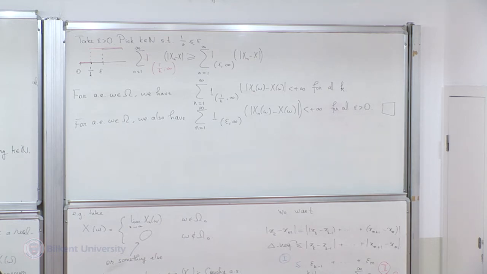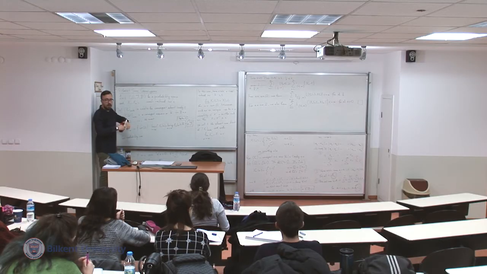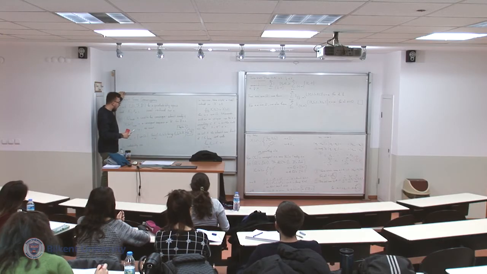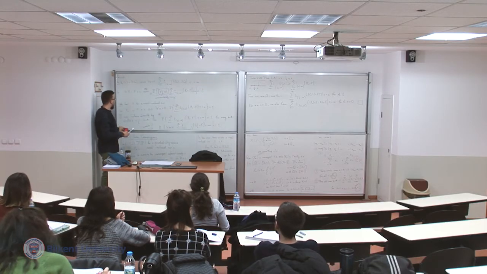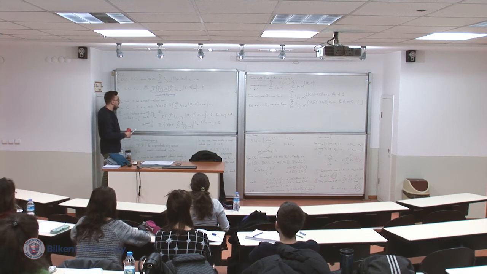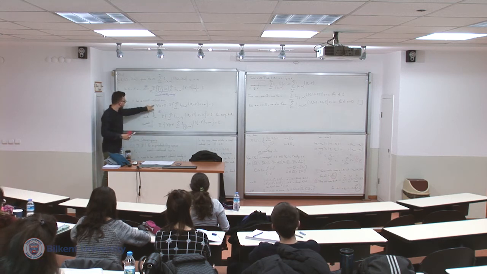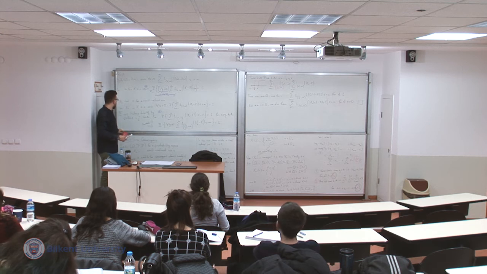So they are always between some two values of 1 over k's. Any questions? So this means we obtain the characterization of almost sure convergence, because it's if and only if. Okay.